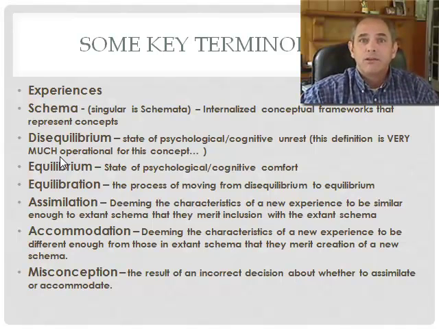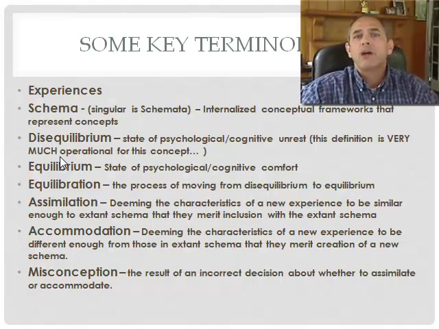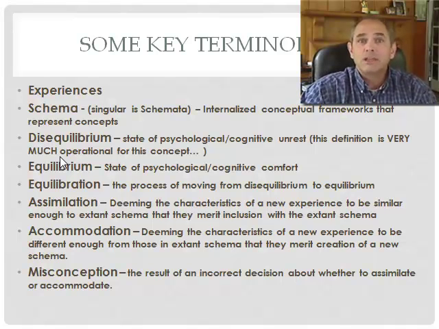That's when this disequilibrium sets in. The next thing is equilibrium, and that's sort of the opposite of disequilibrium. That's when I feel pretty comfortable with where I am, with what I know, and with where I've put maybe the characteristics of these things, which we'll get to when we talk about assimilation and accommodation in just a second.